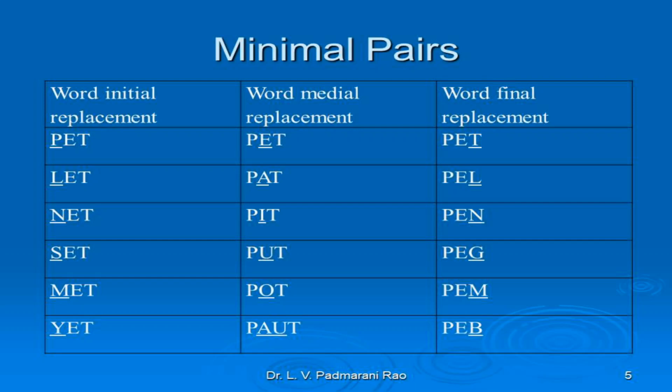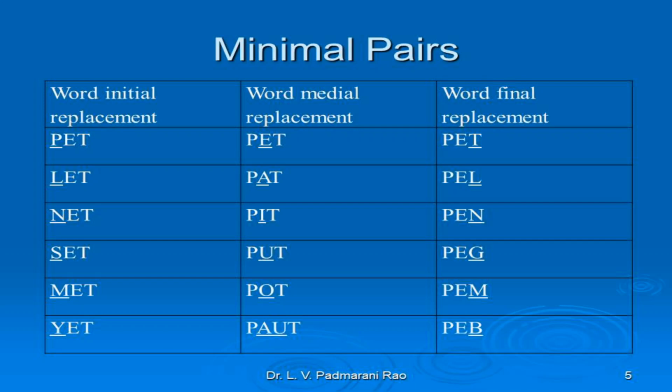The similar notion of minimal pairs can be applied to the word final position as well. The word final position in the word PET is occupied by the letter T and the sound t. If the letter T is replaced with, say, the letter L, it becomes PEL, pel.